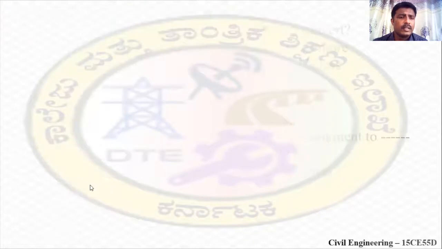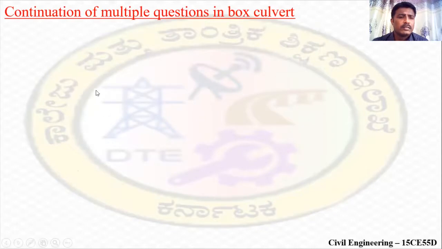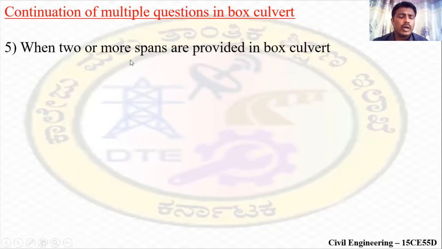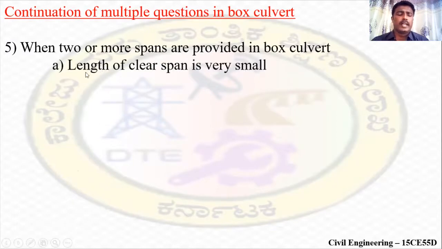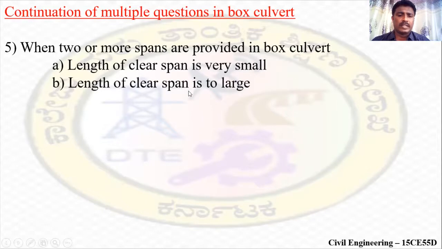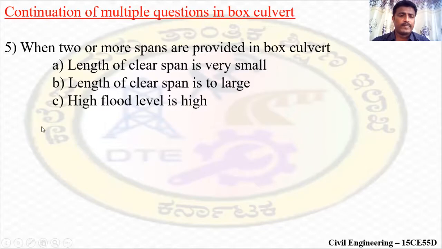Next question. When two or more spans are provided in box culvert. Option A, length of clear span is very small. Option B, length of clear span is too large. Option C, high flood level is high.